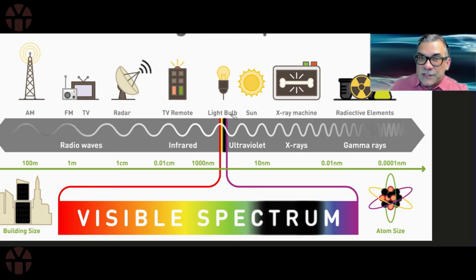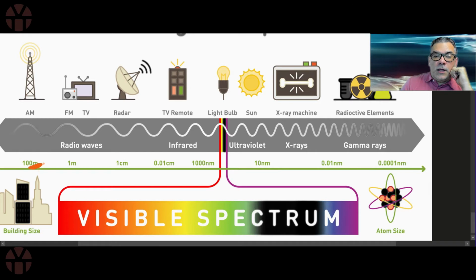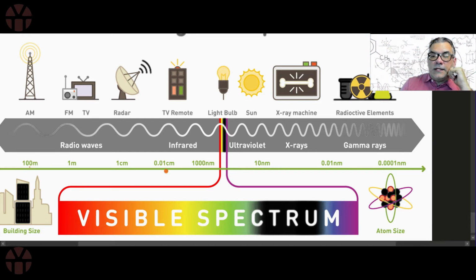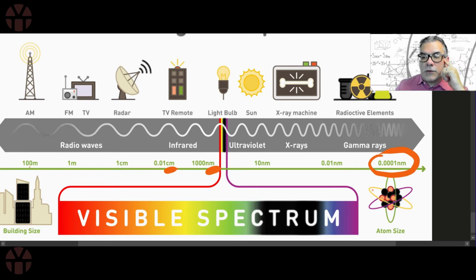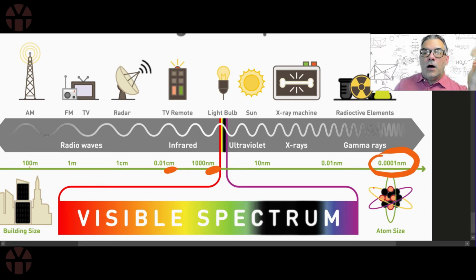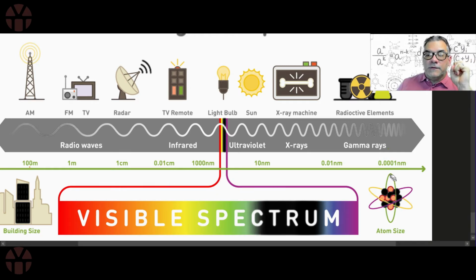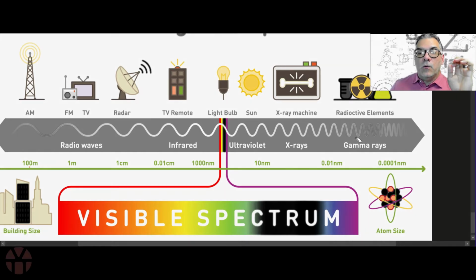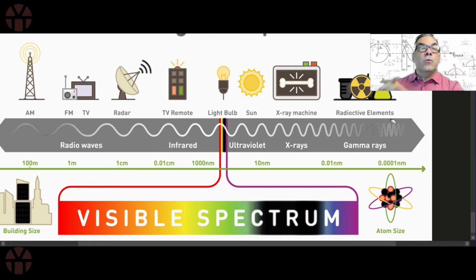So the distance between the waves goes from being measured in meters, way over here, to eventually it starts to go down so that we start to see something like centimeters, nanometers, and eventually, man, look how tiny this is going to get. This is going to be 1/10,000th of a nanometer. So we go from very long wavelength to ridiculously short wavelengths. And everywhere in between, we see how our electromagnetic radiation will operate.